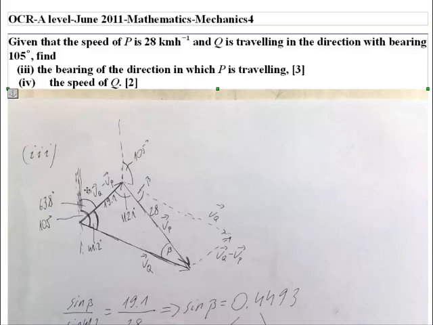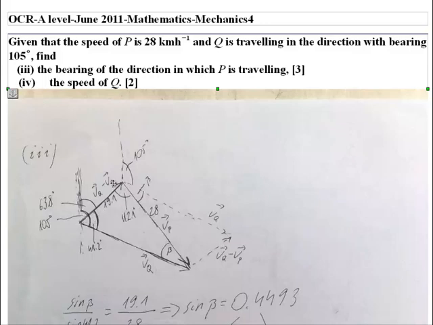The velocity of Q relative to P means VQ minus VP. It is here. This is, for example, VQ, VP, and this is VQ minus VP. And here is VQ2, and these are the same.